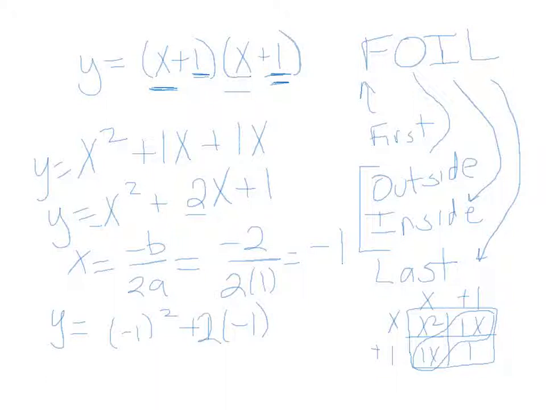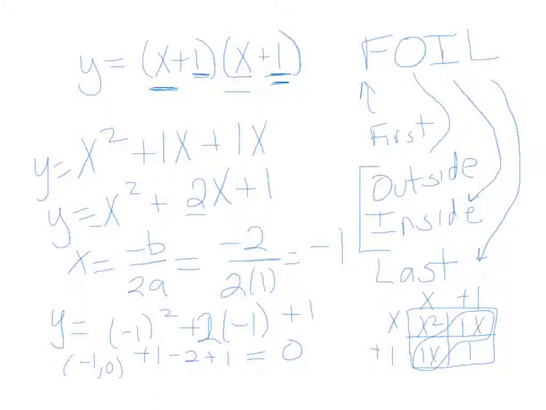Negative 1 squared is positive 1, plus 2 times negative 1, plus 1. Minus 2 plus 1, that will be equal to 0. So our vertex is the ordered pair (negative 1, 0).